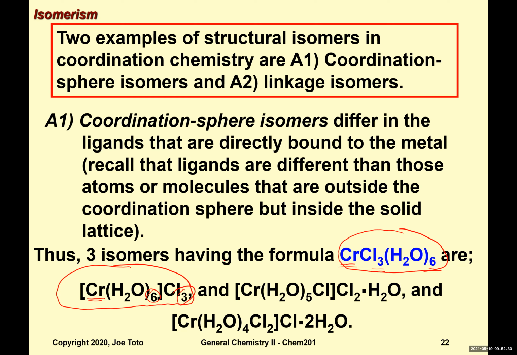An isomer of this, a coordination sphere isomer, is the next one, where we take one of the waters and replace it with a chloride that makes a coordinate covalent bond. Then outside of this coordination sphere, we have 2 chlorides and a water, and so forth. You can imagine as we go, there'll be more possibilities. So any questions on the coordination sphere isomer?